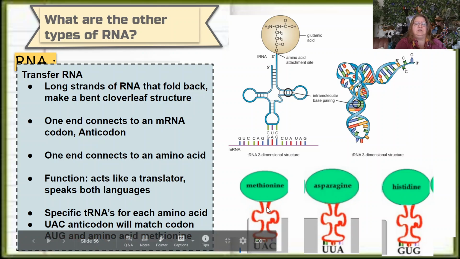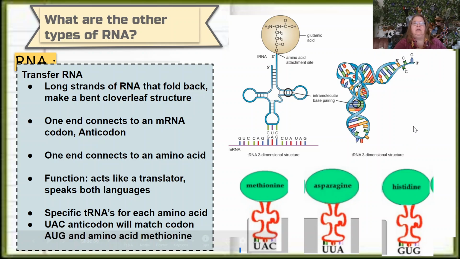So the anticodon for methionine means that tRNA is only going to bring methionine amino acid. This tRNA molecule with the correct anticodon is only going to bring asparagine, and this tRNA molecule with this anticodon matching that codon is only going to bring histidine.